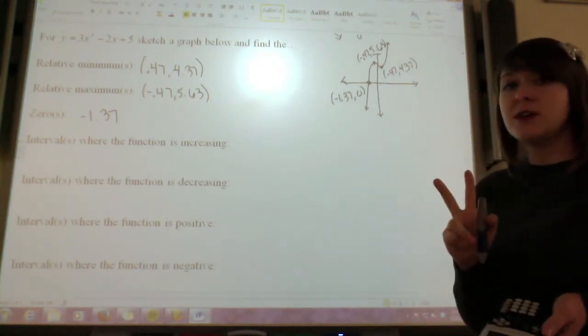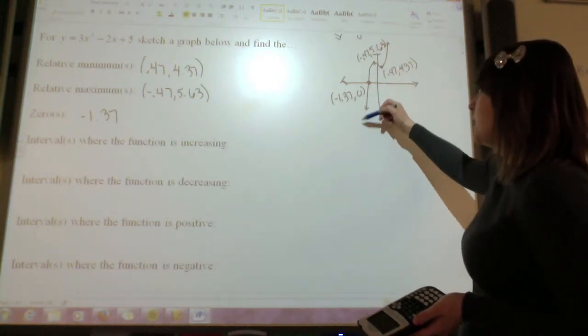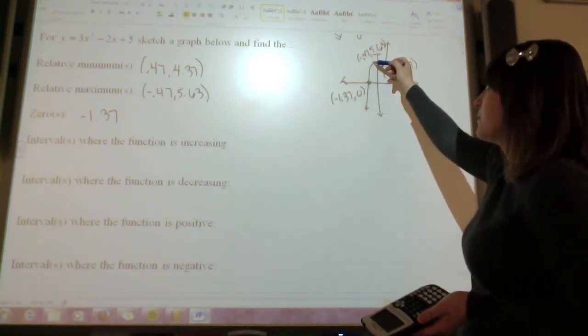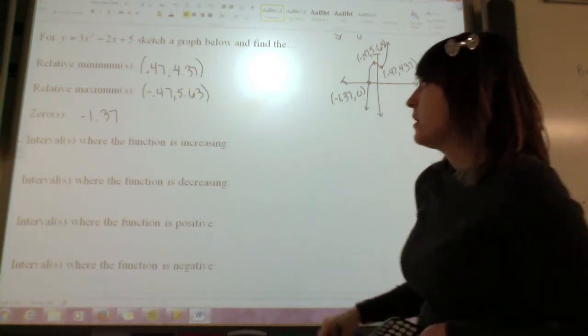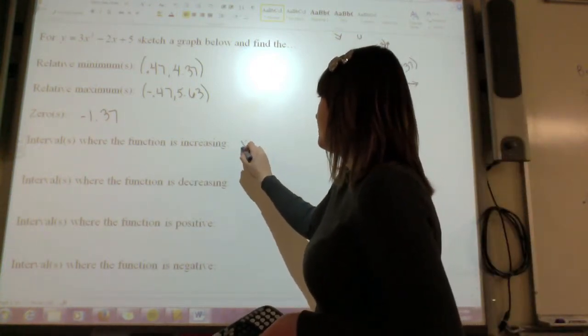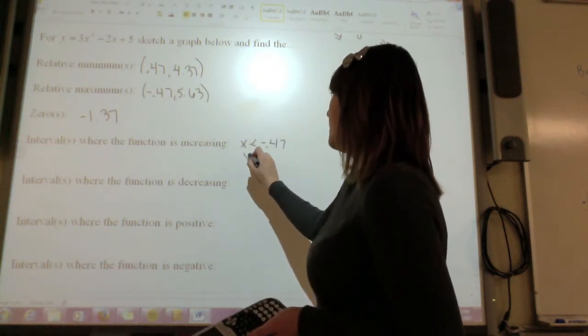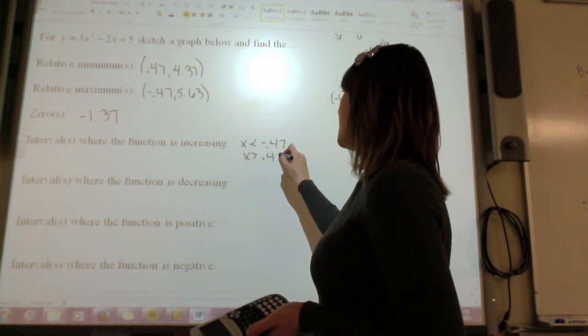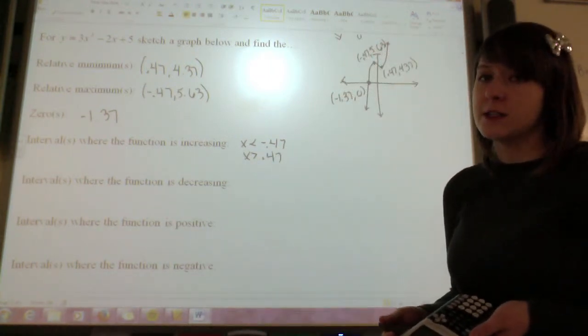So I'm going to have two intervals where my function is increasing. It is going to go from negative infinity up to negative 0.47, and then from 0.47 up to infinity. So I can say x is less than negative 0.47 and x is greater than 0.47. So those are the intervals where my function is increasing.